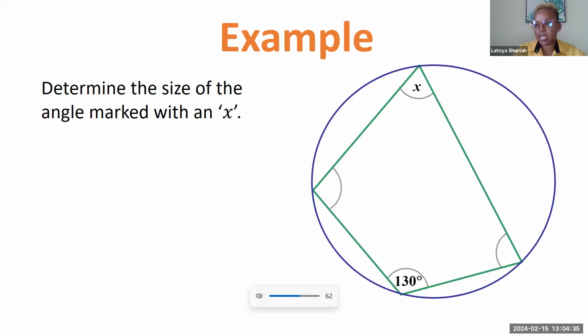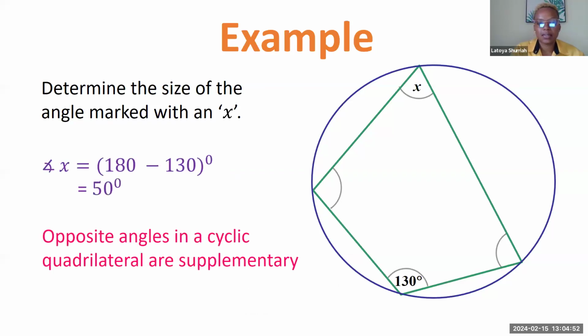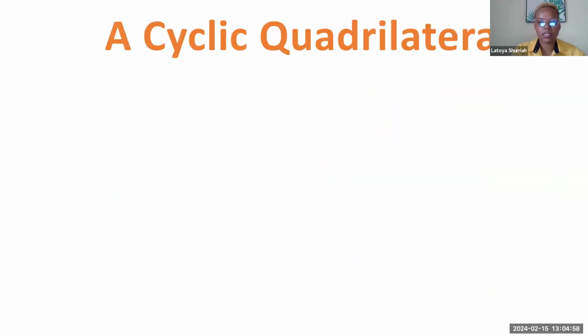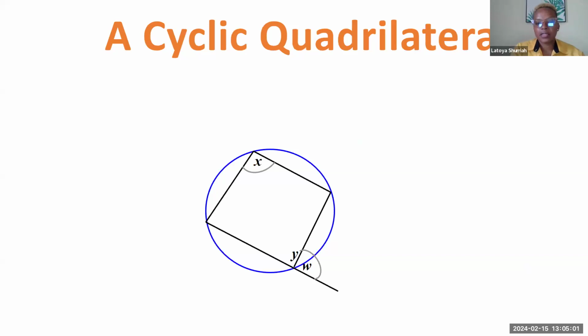Talk with your chest, like you're sure. 50 degrees. Why is it 50 degrees? Miss, they must add up to 180. Why? They're supplementary. Very good. That's it. Opposite angles in a cyclic quadrilateral are supplementary. Fabulous. All right.